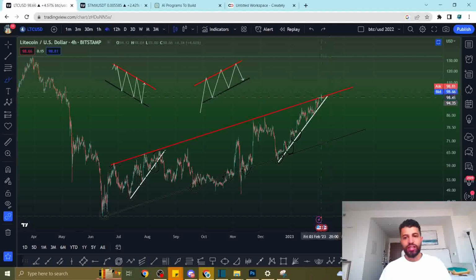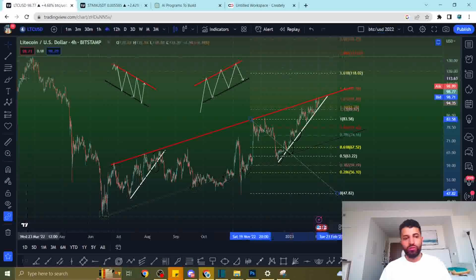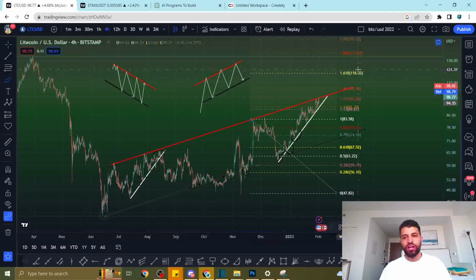In such case, if a resistance level is broken and held above, which is possible, then expect further price action to approximately the 1.618 fib level at around 118. Again, that's if this resistance breaks above and holds above as a support, which is attempting right now.